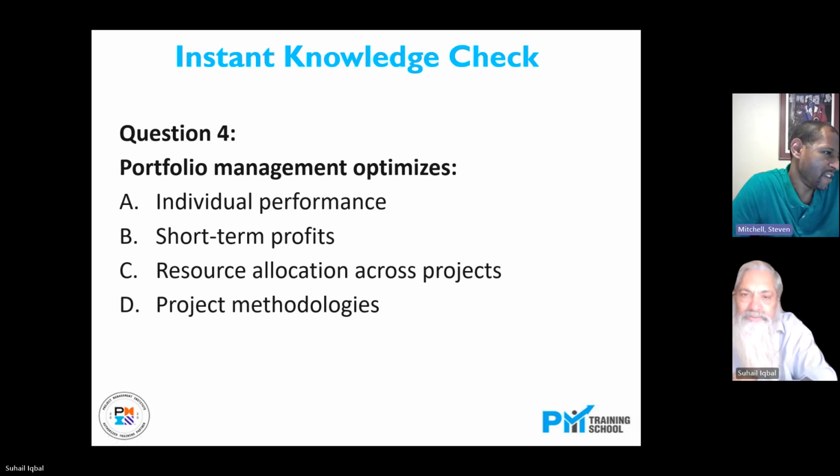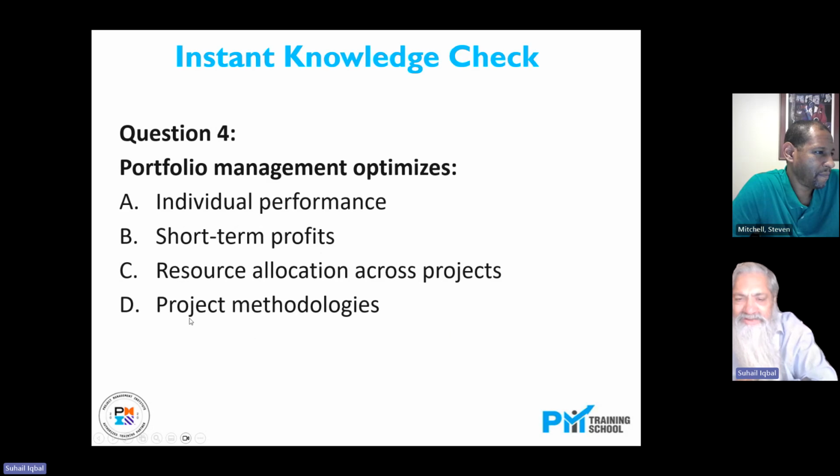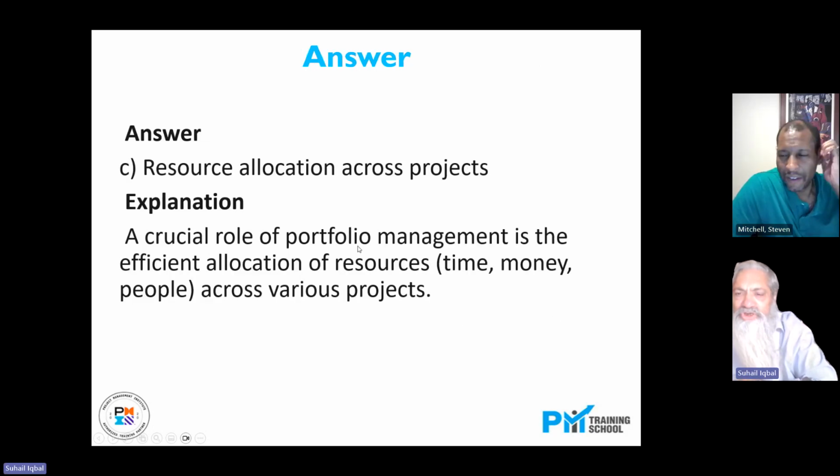I'm going to say it's between C and D, so I'm going to say C. You see, why not D? It says project methodology. It has nothing to do with optimizing project methodologies. That's methodology, right? D cannot be correct. So a crucial role of portfolio management is the efficient allocation of resources, time, money, people across various projects.